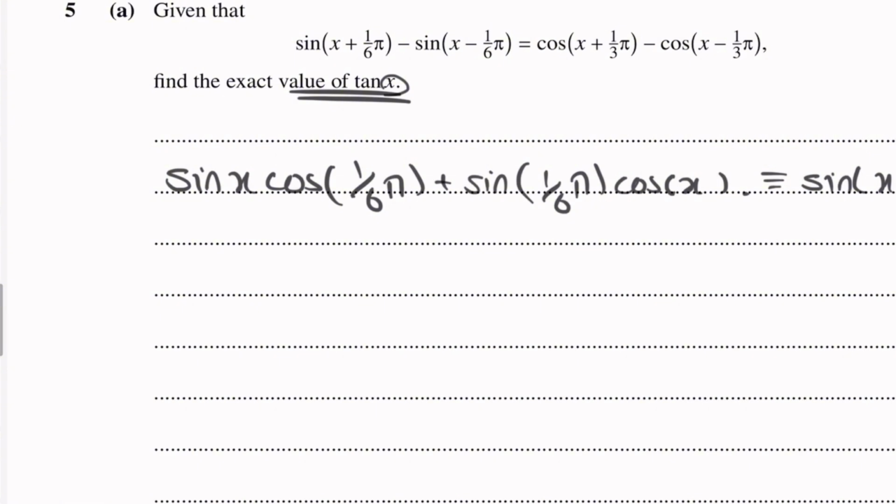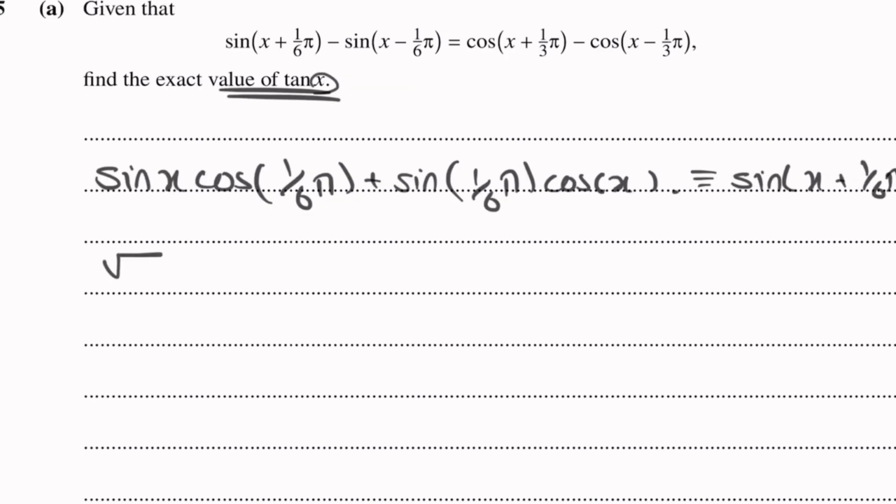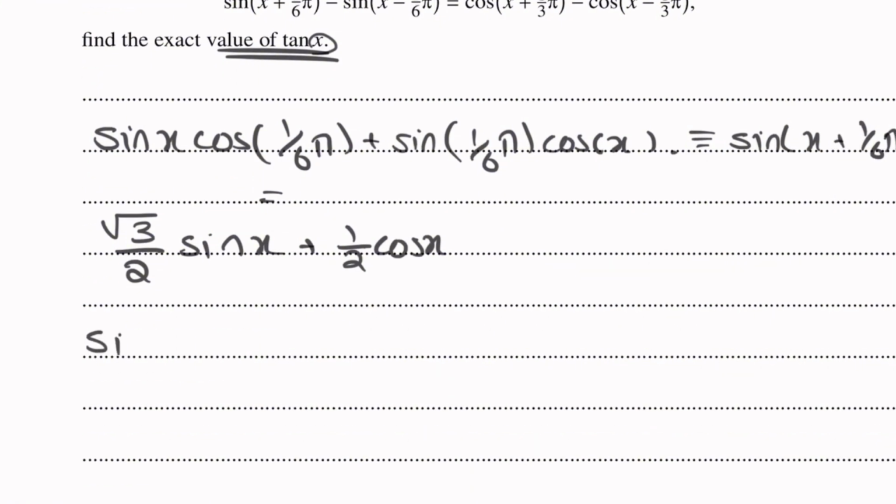Cosine of 1/6 pi happens to be root 3 over 2, so we get root 3 over 2 sine x plus 1/2 cosine x, and that's sine of (x + 1/6 pi). Let's find sine of (x - 1/6 pi). It's going to be literally the same, just with a negative sign, so root 3 over 2 sine x minus 1/2 cosine x.